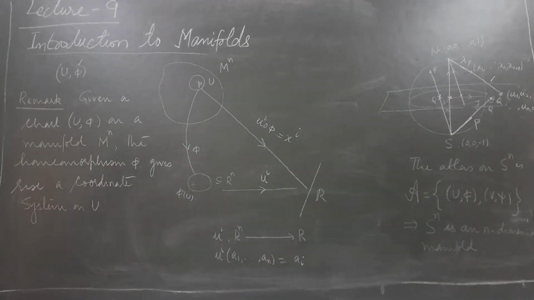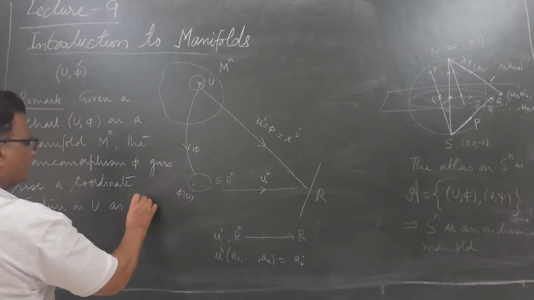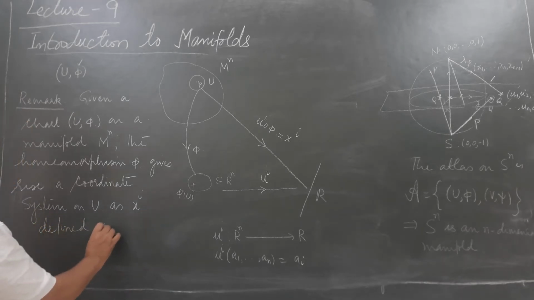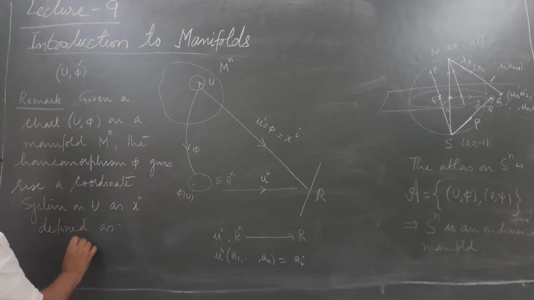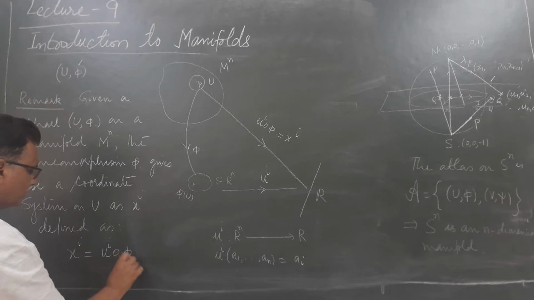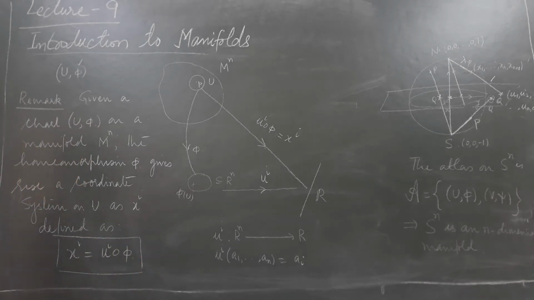So this gives rise to a coordinate system xi on U, defined as xi equal to ui composed with phi. So every chart has a coordinate system around it, and these are called local coordinates.